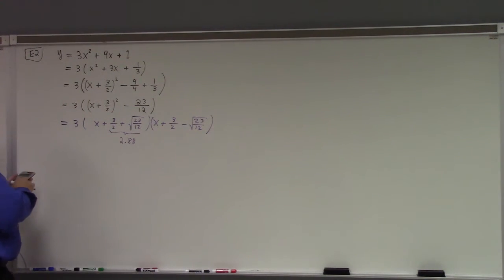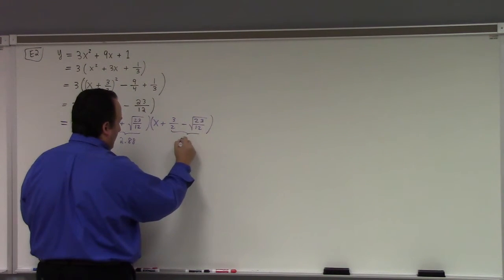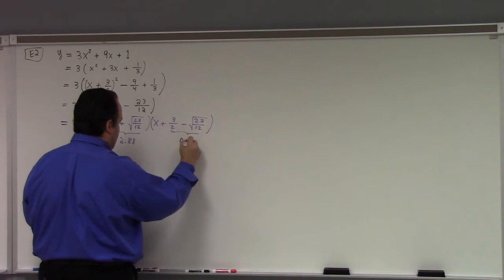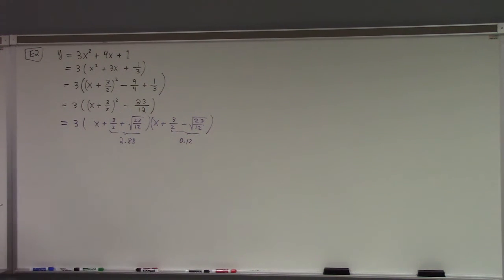And that one is, wait a minute, why am I not, oh, I'm a dummy. 1.5 minus the square root of 23 over 12 gives me about 0.12-ish, approximately speaking, of course.